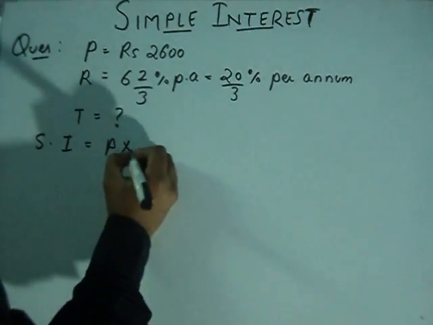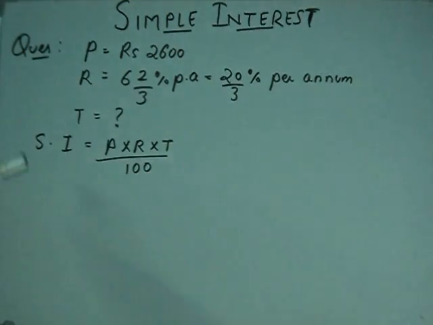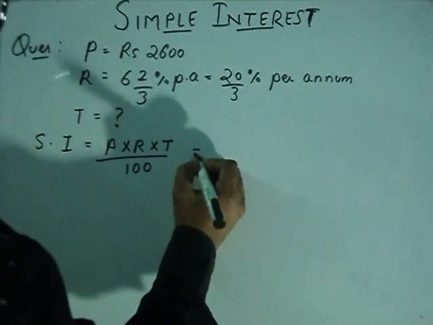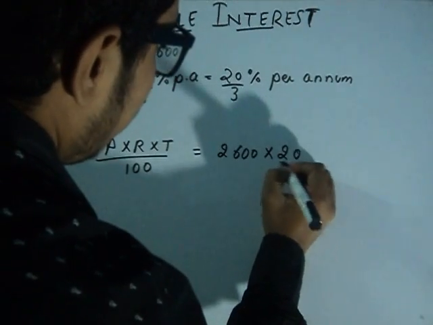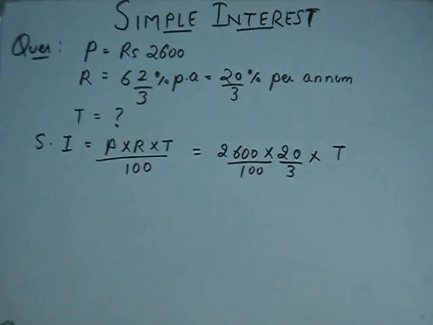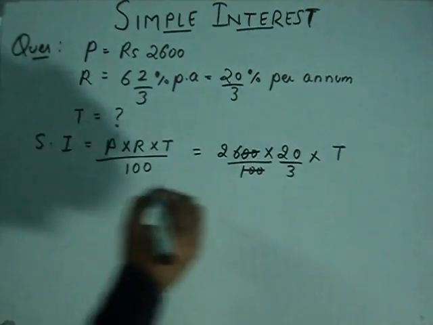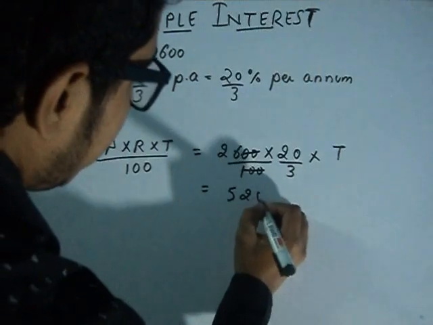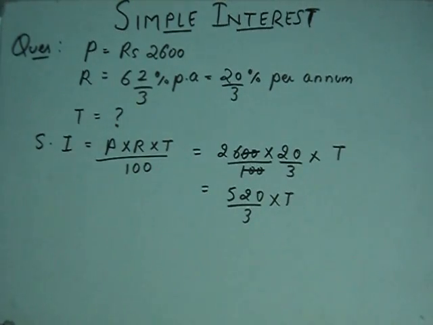So our formula would be this. We have to calculate the time for which simple interest would be a simple numeric value, not a decimal value. So we place 2600, our rate of interest is 20 by 3 divided by 100, and into t. After simplifying we get 520 by 3 multiplied by t. In the question we have to calculate the least number of years.